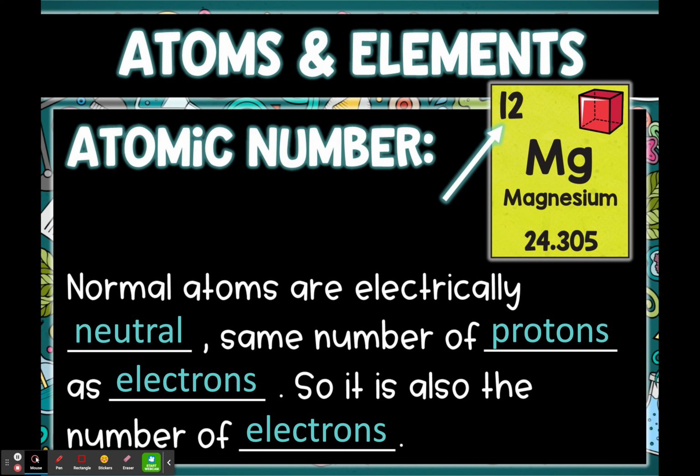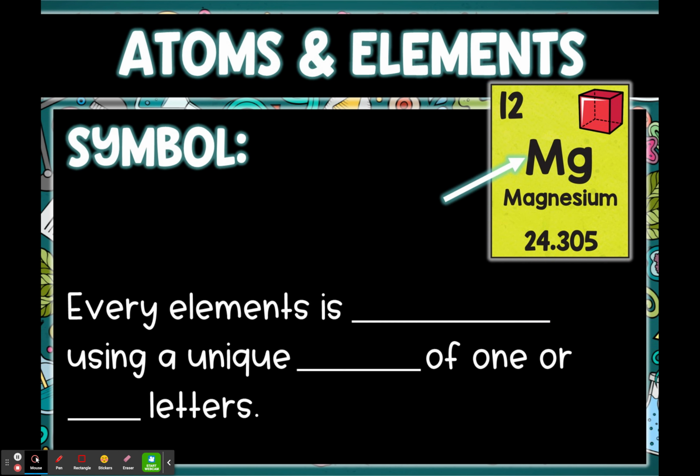It wants to have no charge. So it also has to have 12 electrons so that it doesn't have more positive than negative particles. So to be a neutral atom of magnesium, it has to have 12 protons and then 12 electrons.